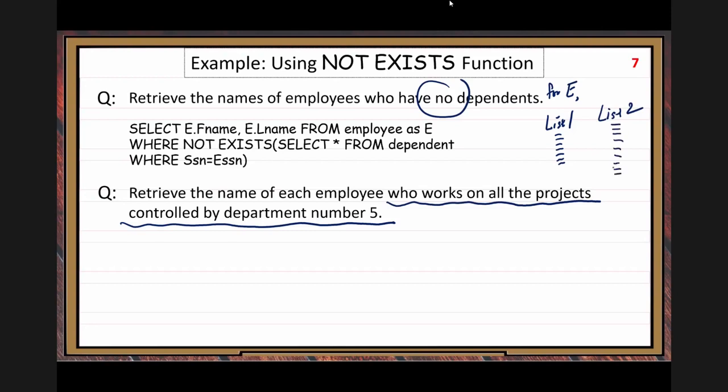This list could be a larger list, right? Controlled by D5, Department 5. Then this list 1 should be a subset of list 2. A subset. Okay?